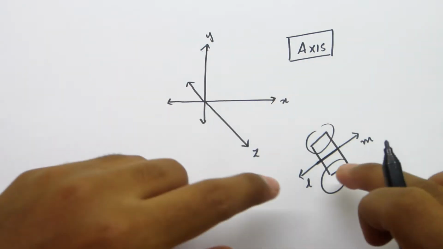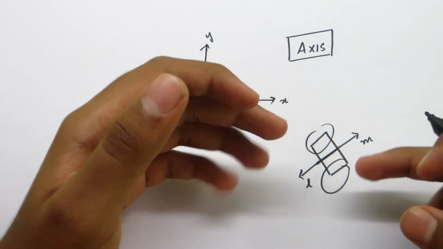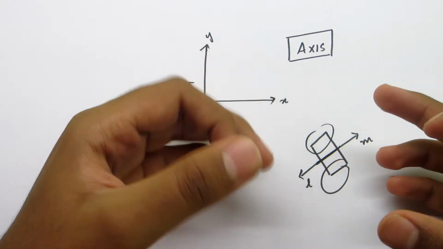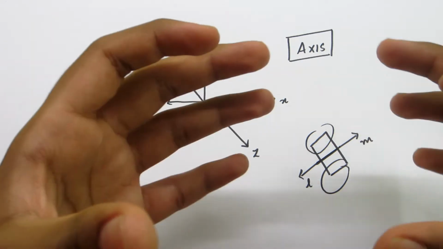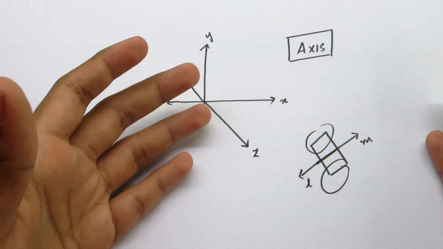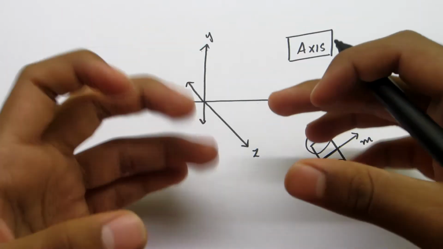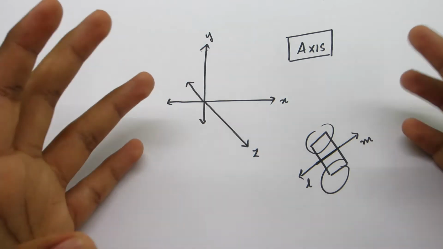So with respect to this line LM, this square is rotating. So this line LM happens to be an axis, because about this axis, some change is being carried out, or something is being measured. With respect to this line, you're doing something, or you're considering something happening. So this line LM becomes an axis.